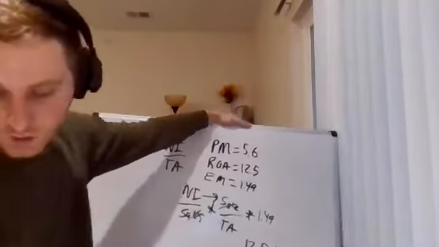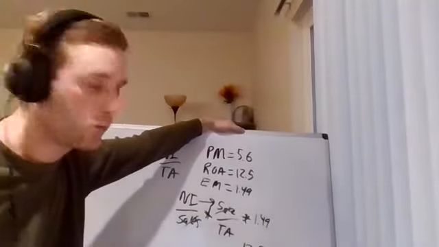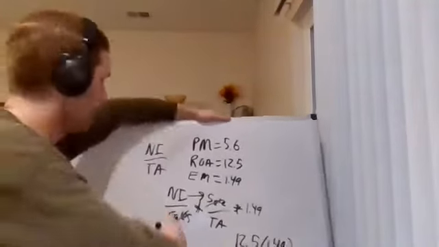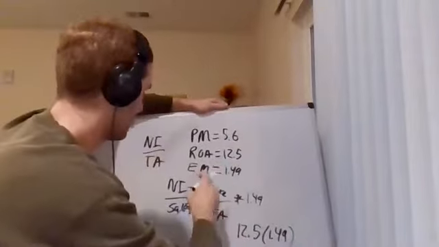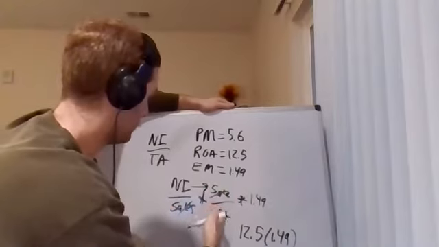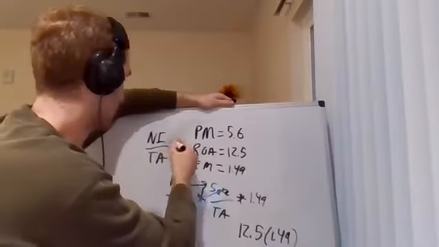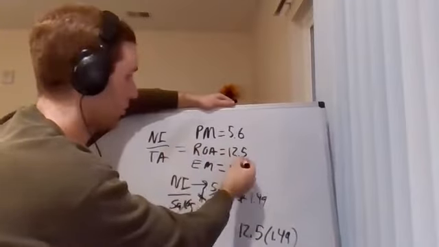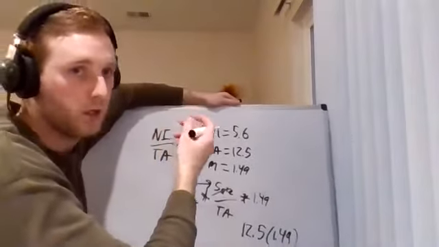Yeah, so this one, we have no solid numbers to work off of. So I can't really solve for X here because I don't have a base. None of these actually have numbers. Our return on assets is this, it just equals 12.5. There's nothing here for me to work off of.